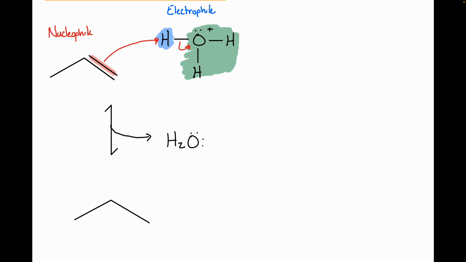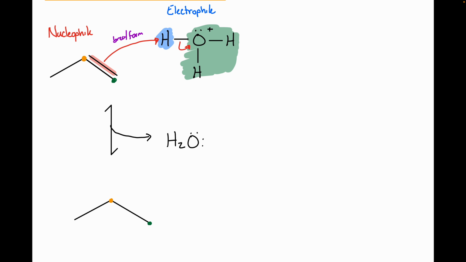This is a bond breaking/formation arrow. So I'm going to make a new carbon-hydrogen bond. All right. But what else am I going to form on this intermediate here? A carbocation. Awesome. So one of these carbons is going to get that carbon-hydrogen bond.